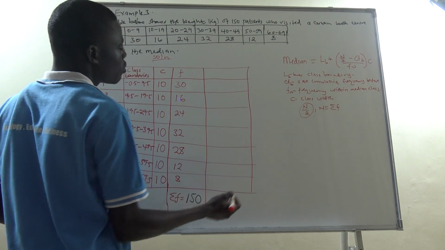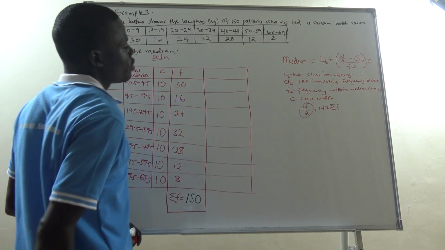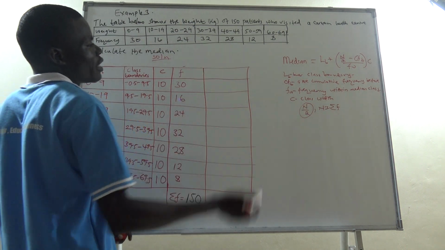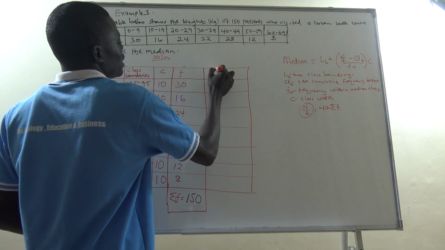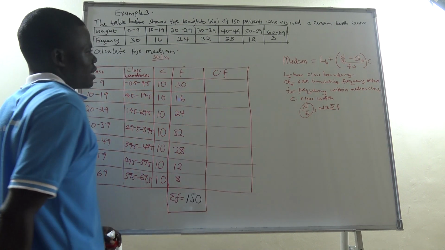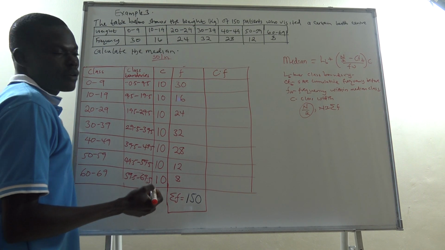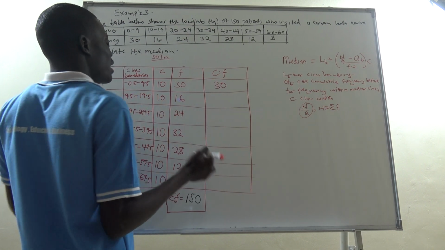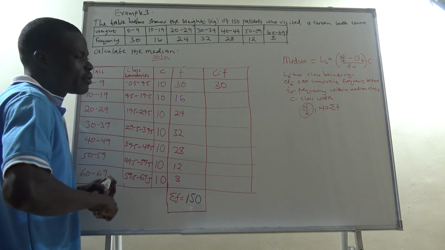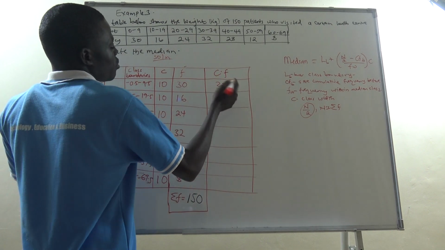So there is one column. Now we also have fx, which we are going to use. Frequency, we have it. So what is remaining is the column for cumulative frequency. For cumulative frequency, the first cumulative frequency is always the first frequency. Then to get the next cumulative frequency, we add the first cumulative frequency plus the second frequency.